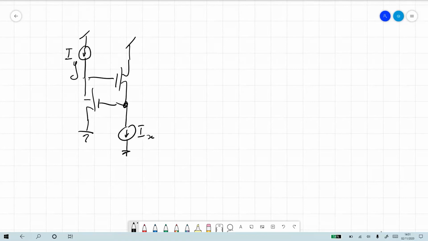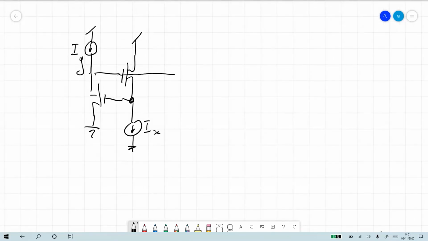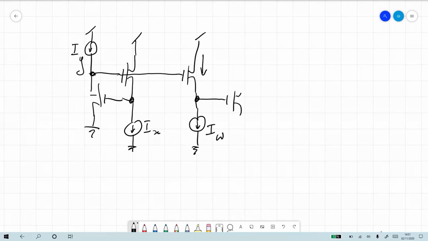Now I just extend it. I just draw another. So I basically copy this voltage here. And I have another current, which I called Iw. And I take this and I use this as the output current.